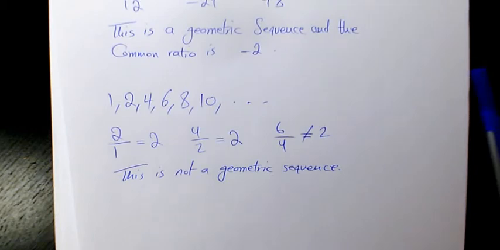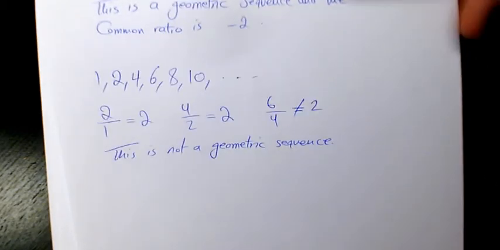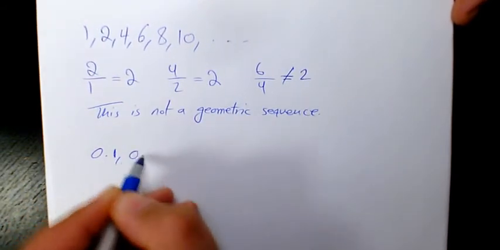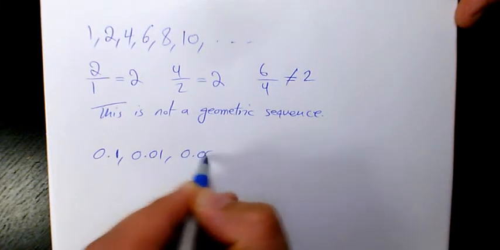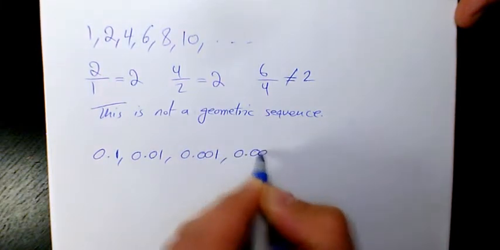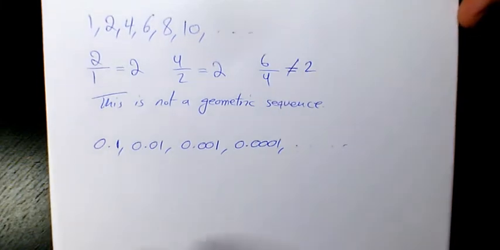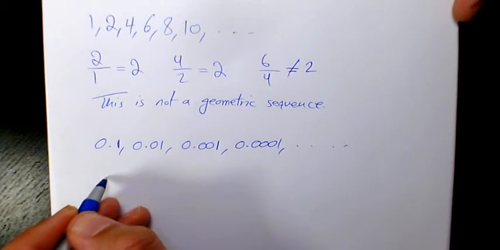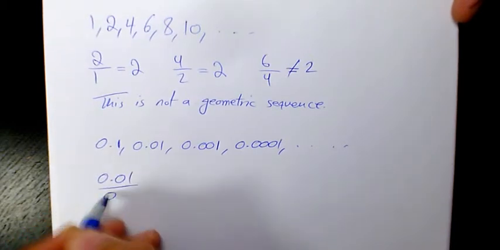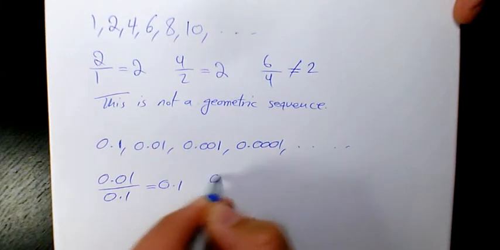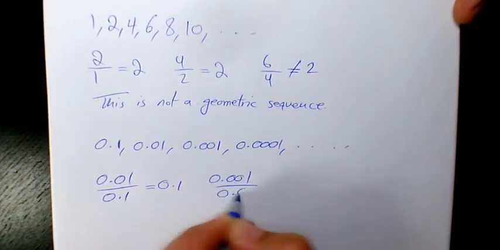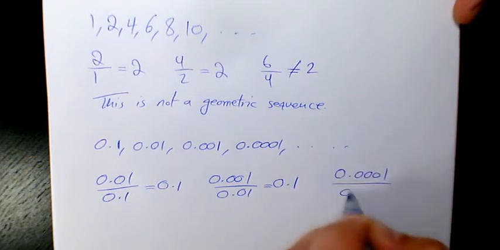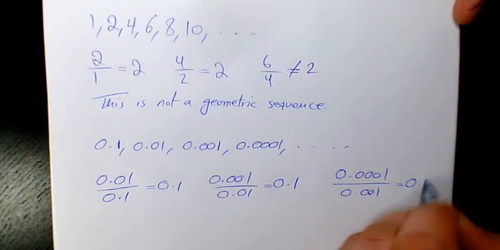Next example. 0.1, 0.01, 0.001, 0.0001, and so on. Is this a geometric sequence or not? 0.01 divided by 0.1 is 0.1. 0.001 divided by 0.01 is 0.1. 0.0001 divided by 0.001 is also 0.1.